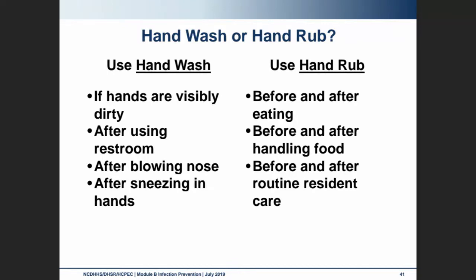It's okay to use the hand alcohol-based rubs or gels before we are handling food, like if we're going to pass out trays, it's okay to use hand gels. If we're just doing routine resident care, like helping them get from bed to wheelchair or get dressed for the morning, it's okay to use the alcohol-based hand rubs or gels or foams in those instances.